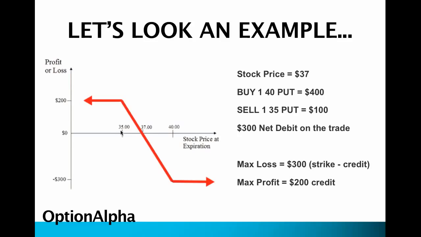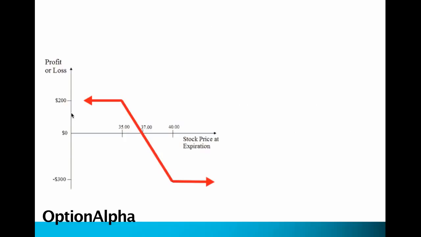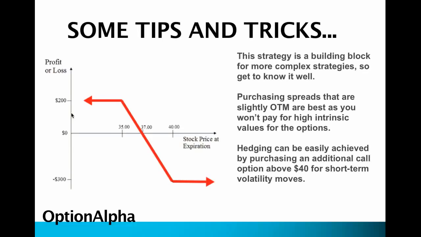It's only the difference between your short strike at 35 and your break-even point, which is only $2 per contract, or $200. So if the underlying stock trades anywhere below 35 by expiration, then your maximum profit is $200 on this position.